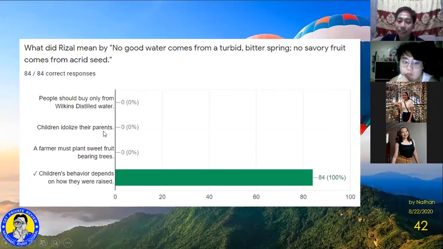Children idolize their parents, no connection. A farmer must plant sweet fruit-bearing trees, again, no connection. It's about children's behavior depending on how they were raised, okay? So everyone answered this correctly, 84. So I grabbed this when most have answered the exam.